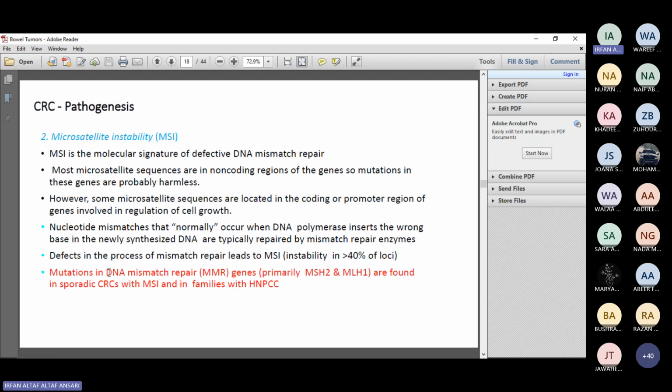The mutations in colorectal carcinoma involve the genes MSH2 and MLH1, which are found in sporadic carcinoma, and microsatellite instability in familial HNPCC. These are all DNA repair genes, with MSH2 and MLH1 in the sporadic cancer, and microsatellite instability with MSH2 in HNPCC.